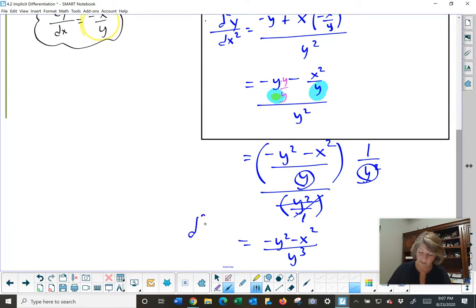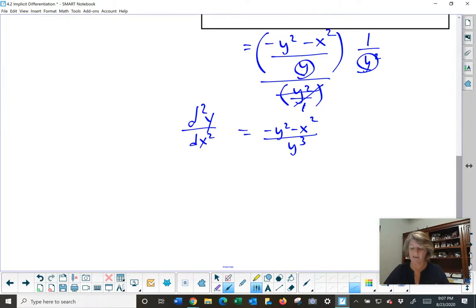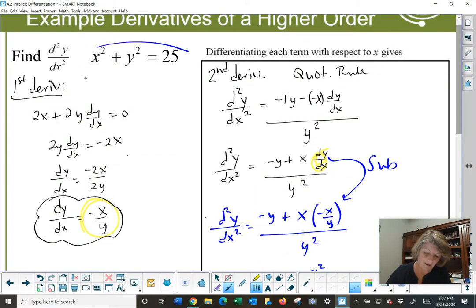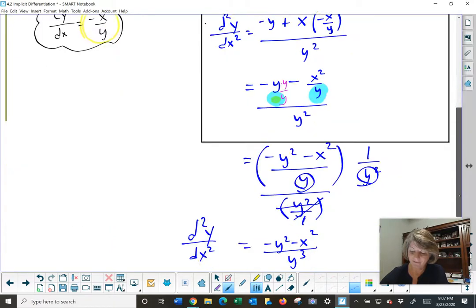That is a pretty nice answer, but would you believe it could actually get a little bit better? What I noticed is if I factored out a negative and changed the order, I know what x squared plus y squared is, and you do too. Look back to the original problem, and right here, we have that x squared plus y squared is 25.